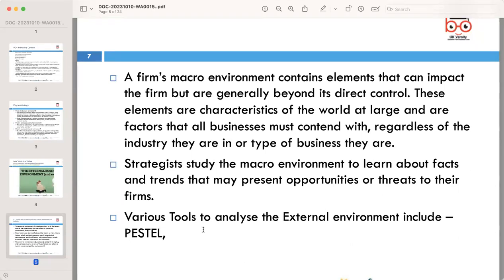Various tools to analyze the external environment include PESTEL. So various tools are valuable to analyze the external environment, including PESTEL analysis. So these tools aid in systematically assessing and understanding the various factors that shape the business external environment.